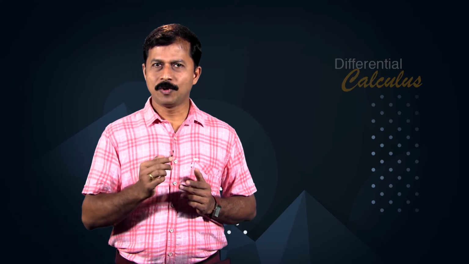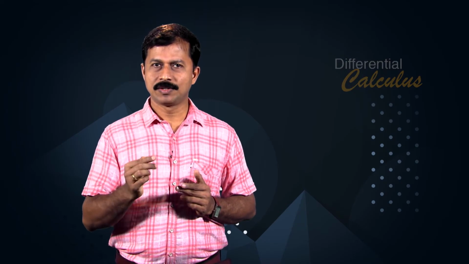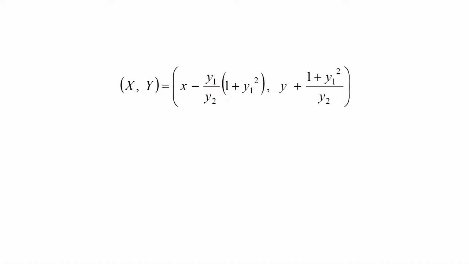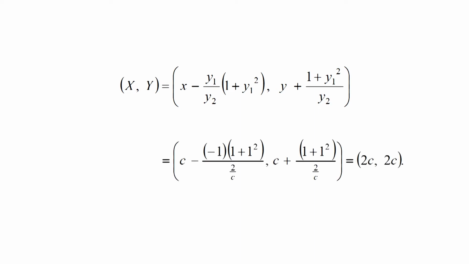Hence, at the point (c, c), we get (X, Y) = (x - y1(1 + y1²)/y2, y + (1 + y1²)/y2) = (c - (-1)(1 + 1²)/(2/c), c + (1 + 1²)/(2/c)) = (2c, 2c).